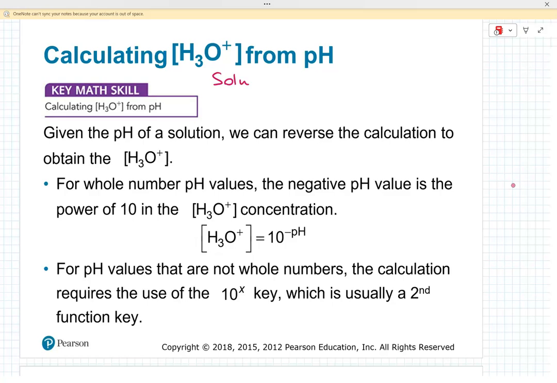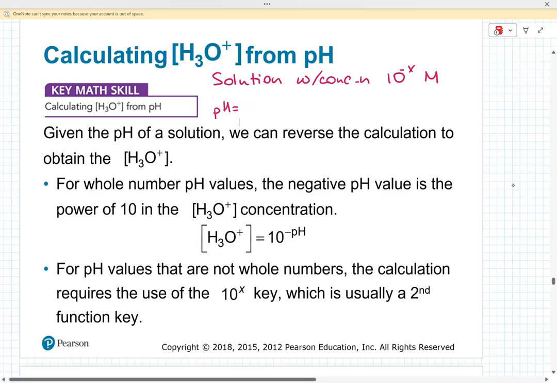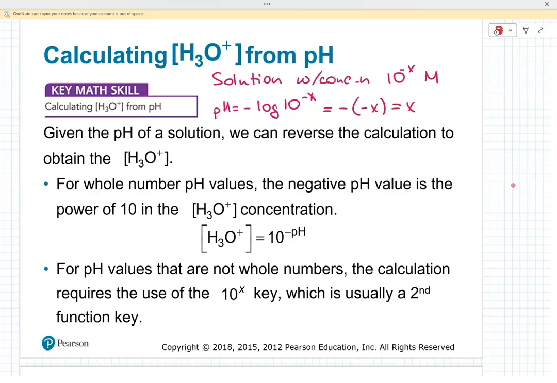Let's say we have a solution with a concentration of 10 to the power of minus x mole per liter. So pH will be what? pH equals negative log of 10 to the power of minus x, which means it's minus minus x, which means it is x.